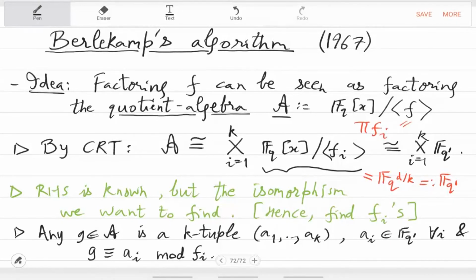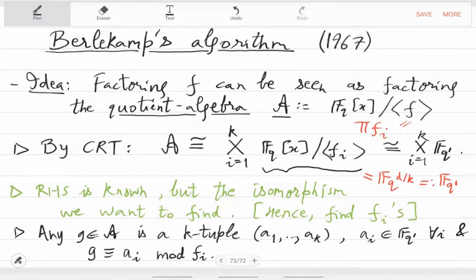As we go over g in A, we know that these a_i's exist, but right now we cannot compute them. But it is a strong property that they are unknown elements a_i in the finite field F_q'. We will try to play with that.